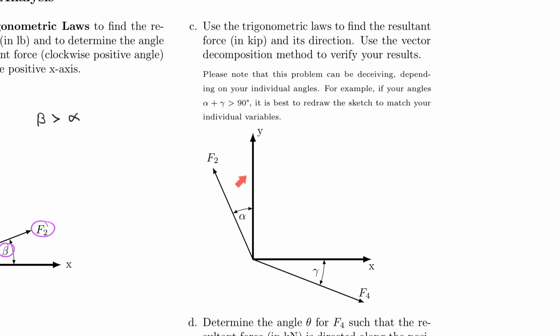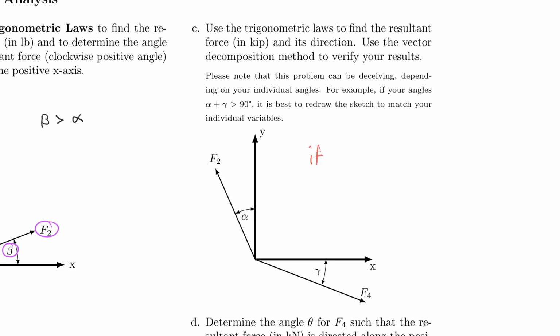And you have to be careful here, because first of all, if your alpha plus your gamma is larger than 90 degrees, the sketch is not true anymore. So if alpha plus gamma is larger than 90, then you need to redraw. I mean, you should always redraw, but in this case you definitely need to, because otherwise you will get super confused.